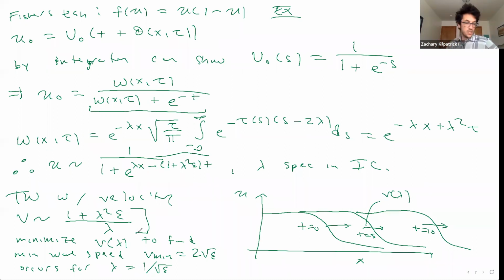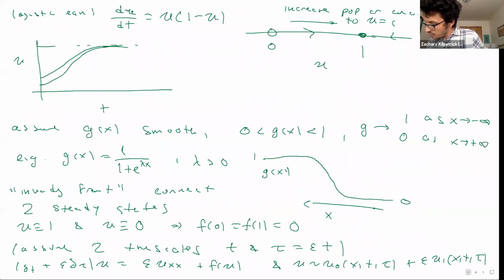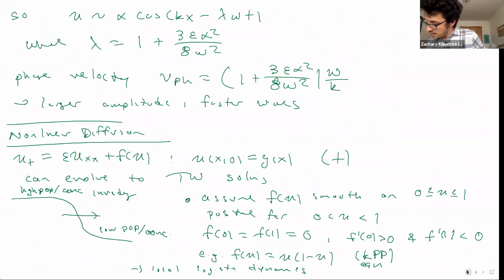So just to recap, that's it for this lecture. What we did is we suspected that this problem with nonlinear diffusion was going to introduce an additional long time scale.